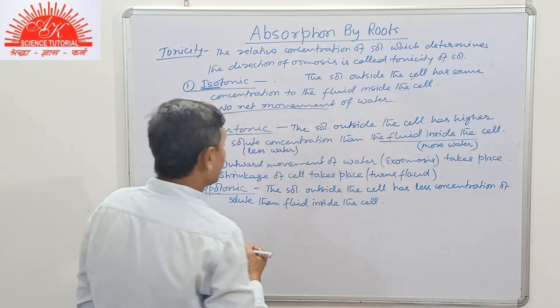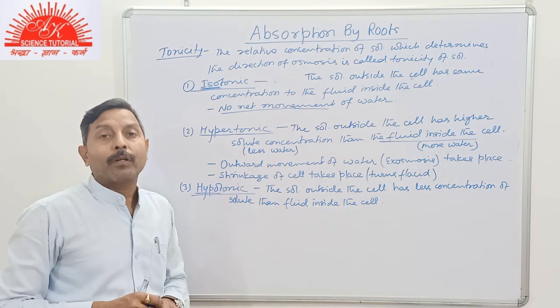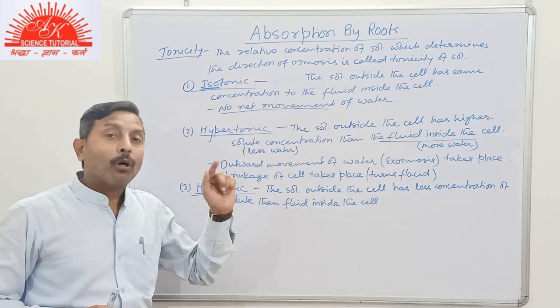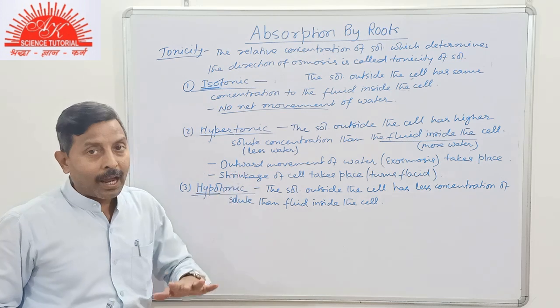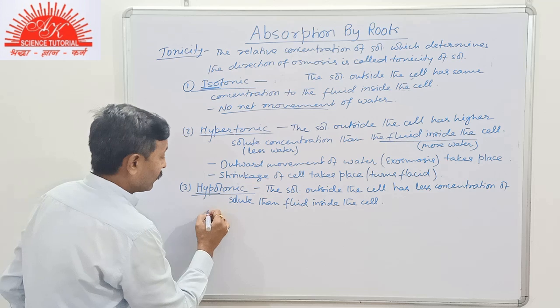Now we are just using the term fluid inside the cell. We are not using the term cell sap, because the term cell sap is used mainly for the fluid in the vacuole of the plant cell. So we just write here fluid inside the cell.